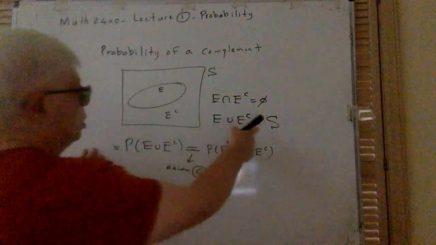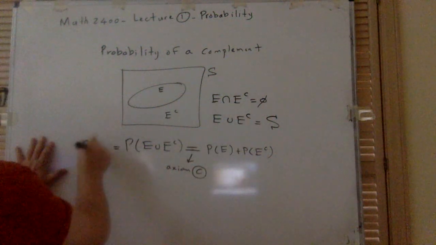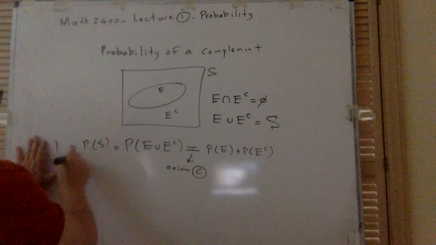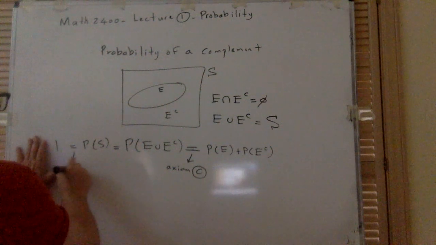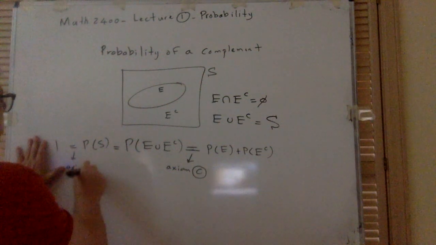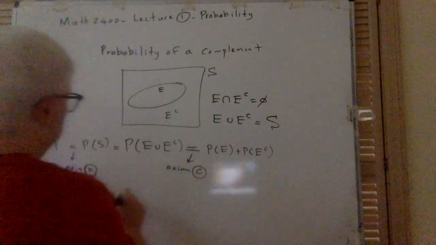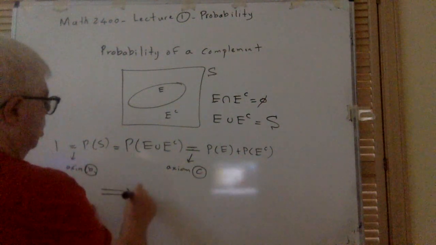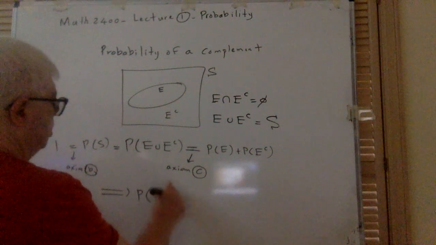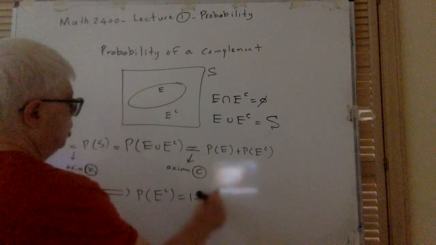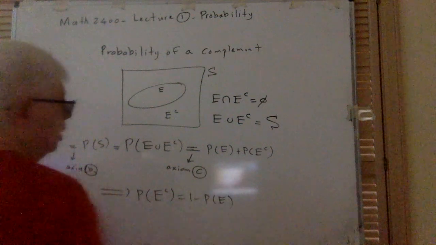And also this is S. So this is in fact P of S, and this is 1 by axiom 1 or 2 in fact. Axiom 2. Okay. So what do I get from here? I get P of E complement is 1 minus P of E.